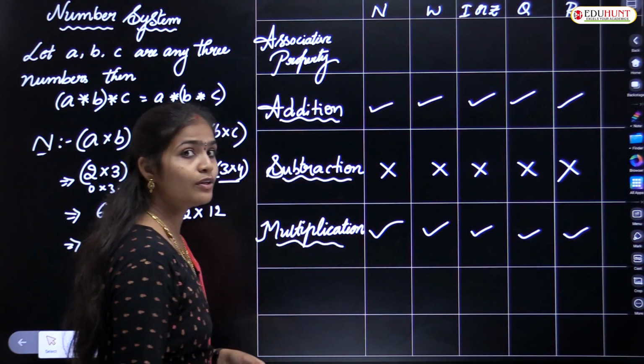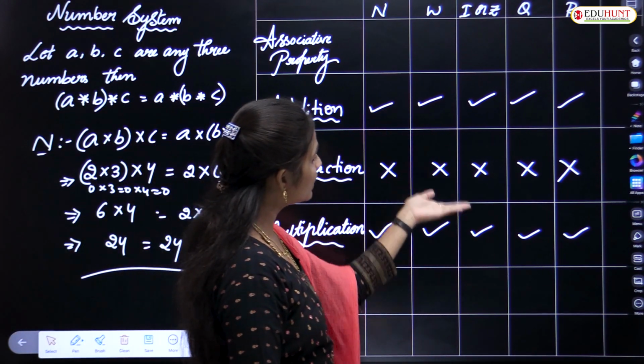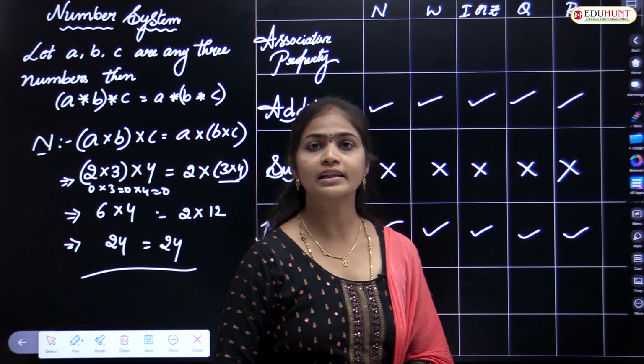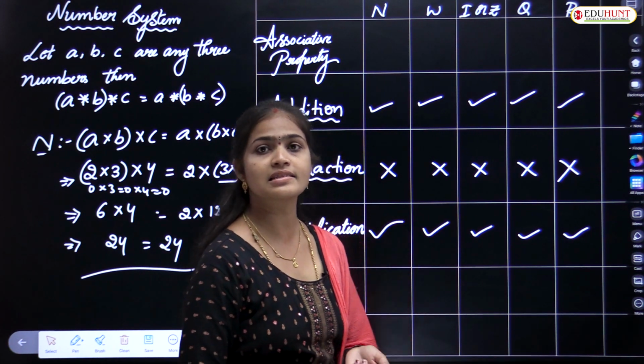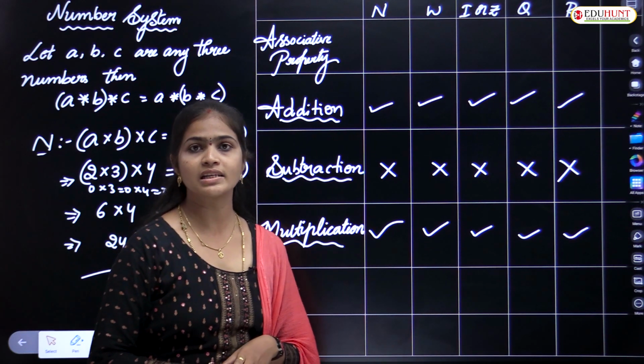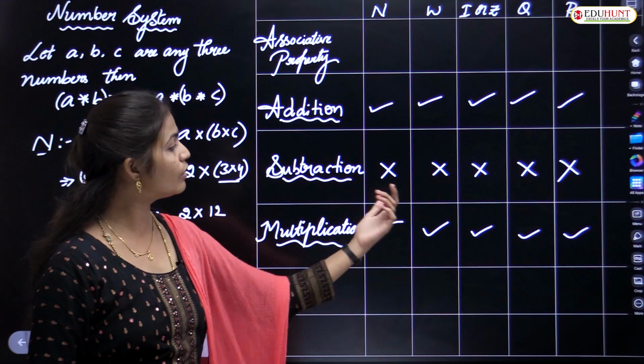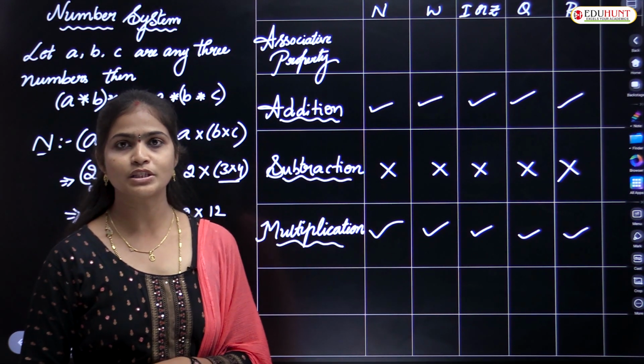If you take negative integers, come to the type of integers. Here if you take any two integers or three integers, three positive integers, two negative integers, one positive integer, anyway you can take. If you apply it here, you will always get satisfaction only.